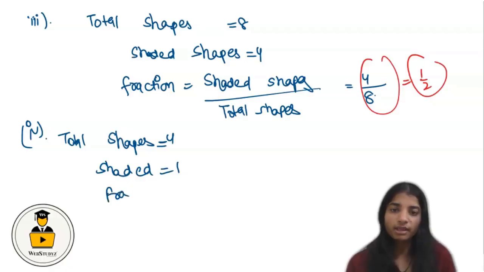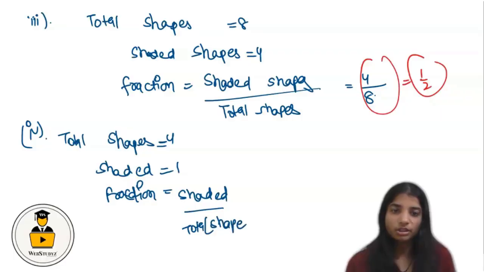So the fraction is equal to the shaded shape divided by the total shape. So the shaded shape here is 1 and the total shapes are 4. So the fraction here is equal to 1 divided by 4.